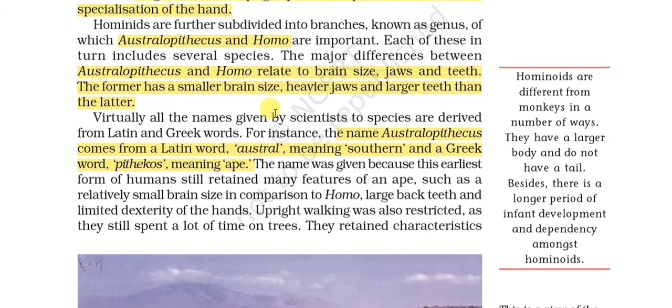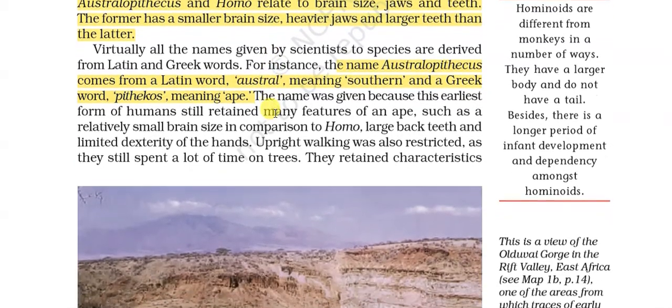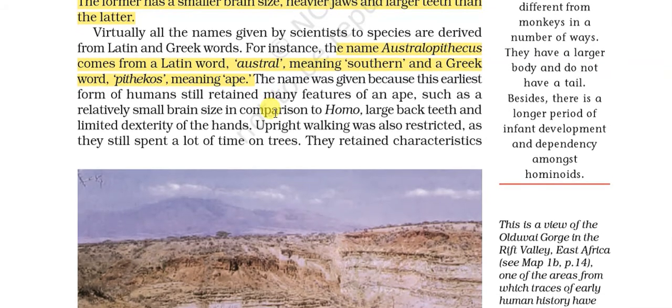Okay, what is the literal meaning of Australopithecus? How does this name come about? This name comes from the place where Australopithecus fossils have been found. The Latin word austral means southern, and Pithecus comes from ape, so southern ape.